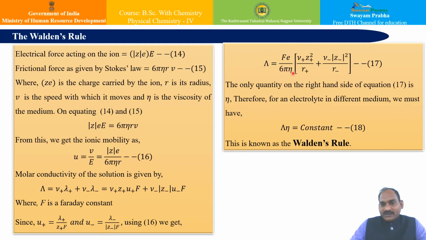Now on the right hand side of this equation 17, the only quantity is eta, which varies or depends on the medium, and therefore for an electrolyte in different media we must have lambda into eta, that is molar conductivity into viscosity of the medium, the product of them is constant, and that is lambda into eta is constant, and this particular constant is known as Walden's rule.